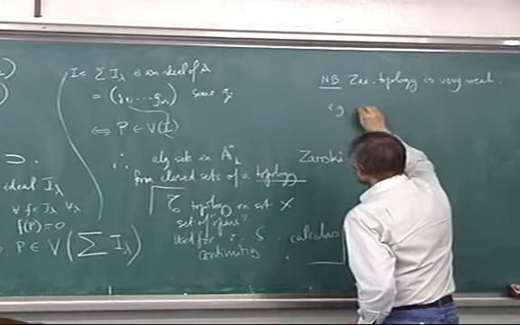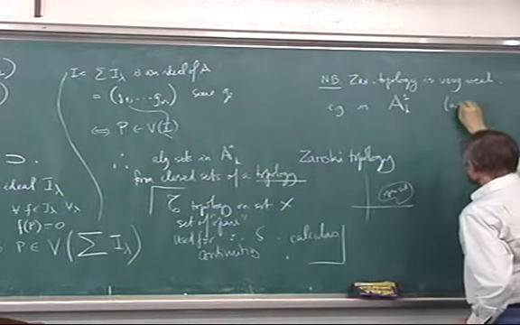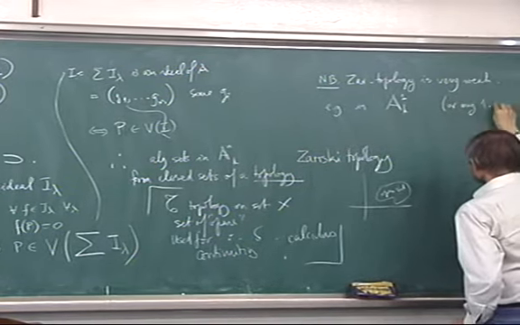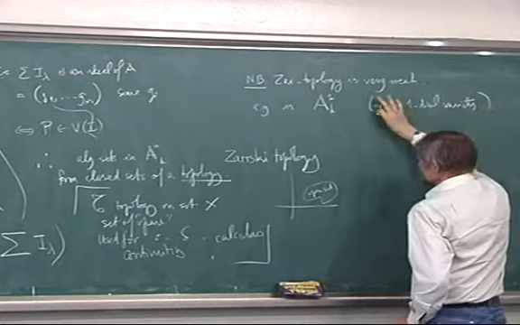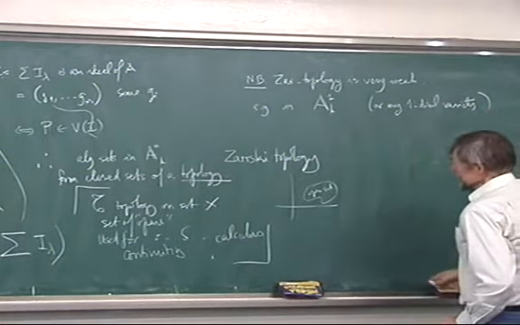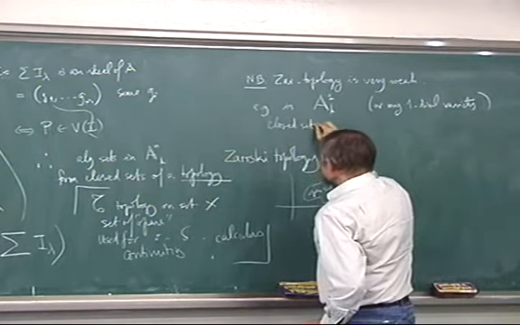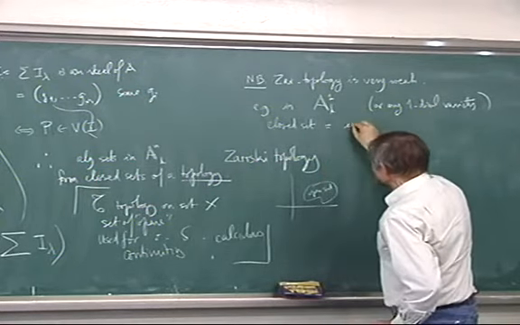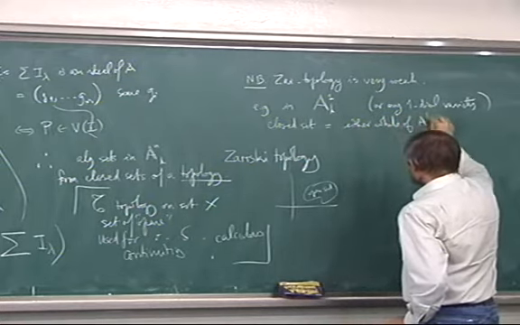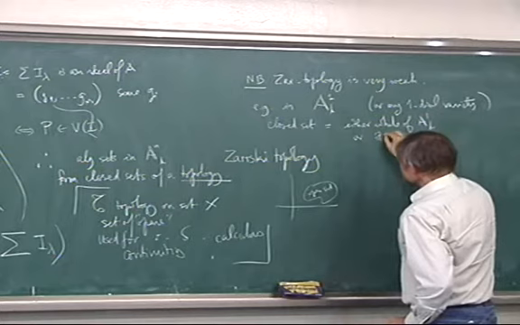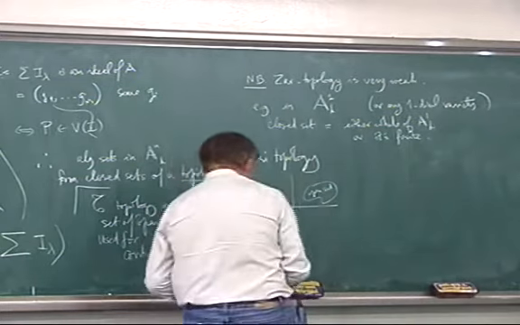For example, in A1 of K, or in any one-dimensional variety. I haven't defined variety, so this doesn't really make sense, but just think about A1 of K. Then a closed set is either the whole of A1 of K or it's finite. Okay, because.